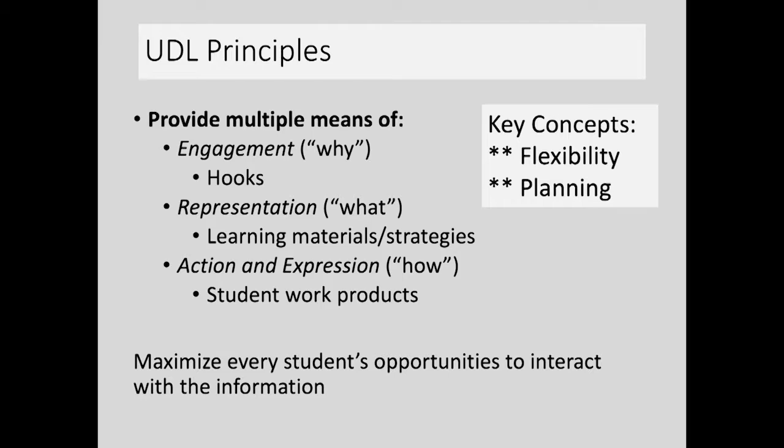If you follow these principles, then you are maximizing every student's opportunities, multiple opportunities, to interact with the information. You're providing multiple ways for them to engage, for them to get the information, and for them to show that they truly understand what you've been teaching.